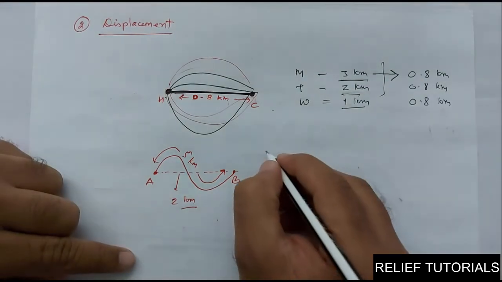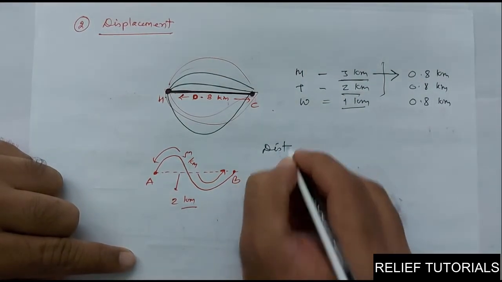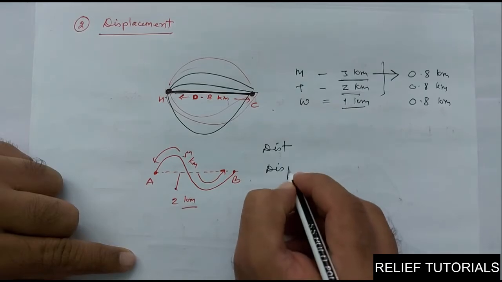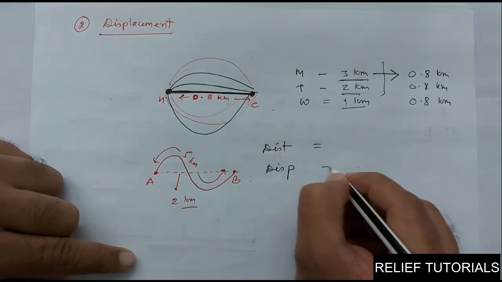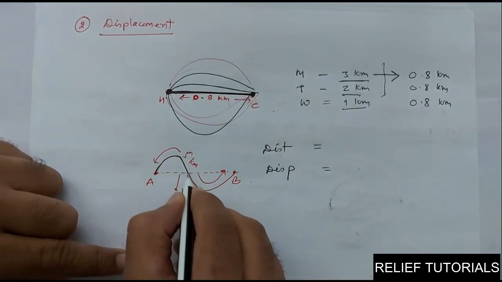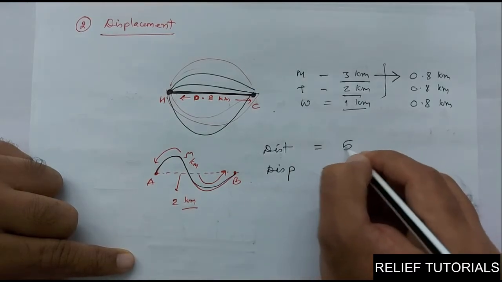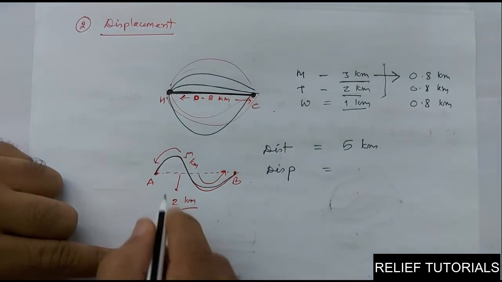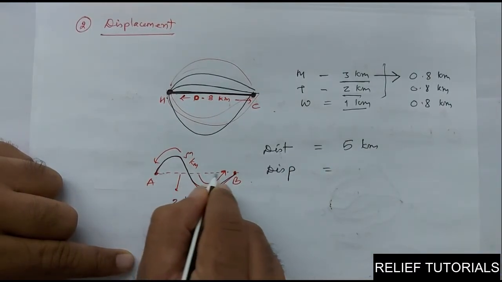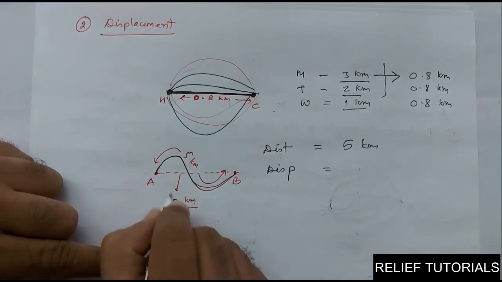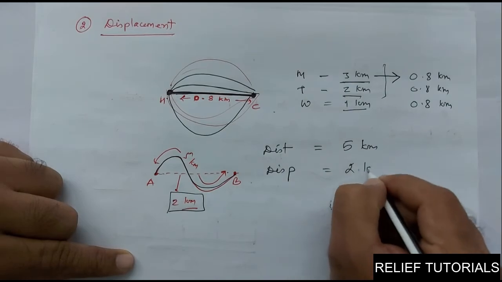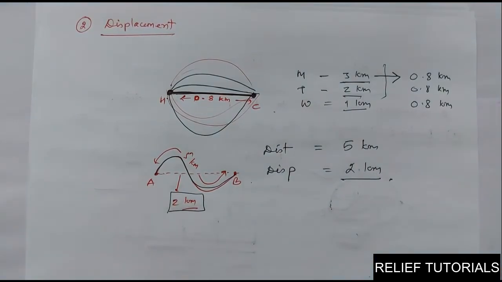If I ask you what is the distance traveled and what is the displacement done? Distance means length of the path, and that is 5 kilometer. And displacement is the straight distance between the two places. Whatever path you followed, you have actually displaced by 2 kilometer only from your original place. So displacement describes by what amount you get displaced from your place.